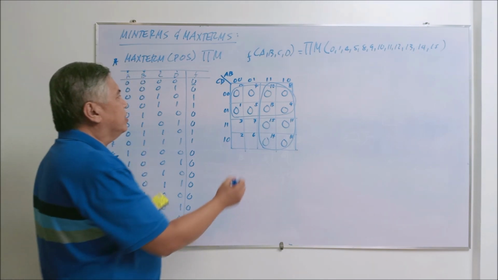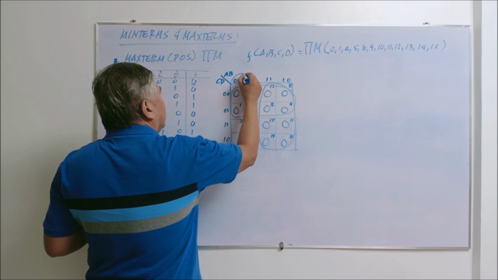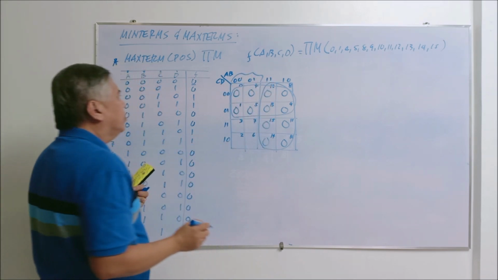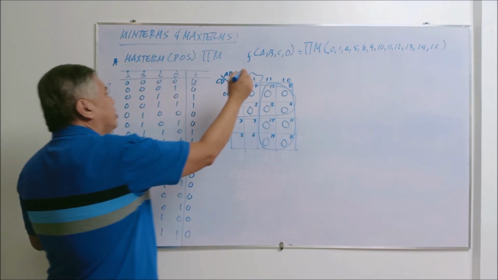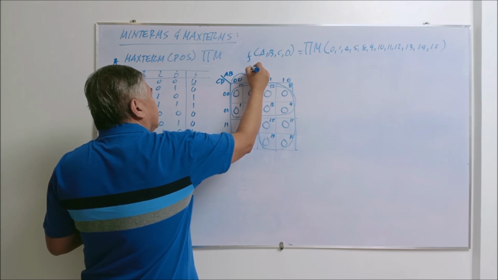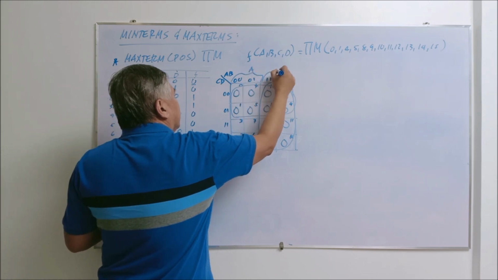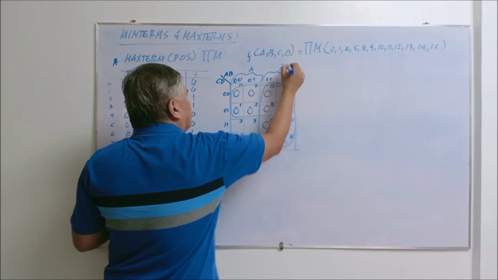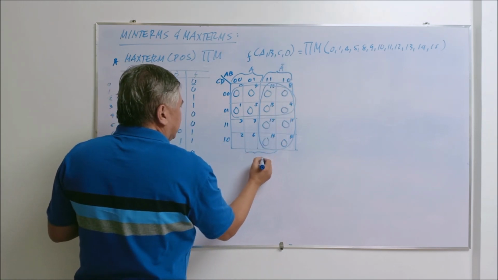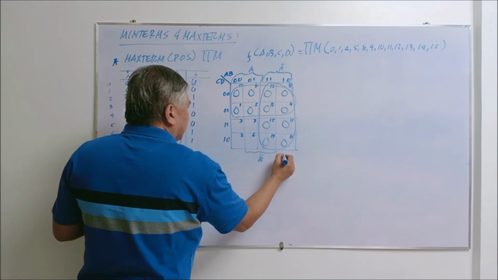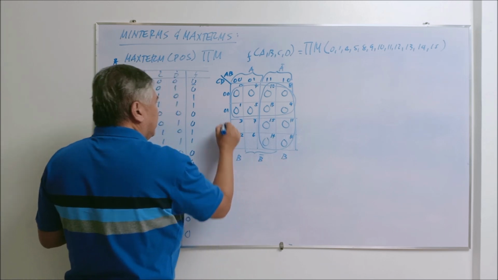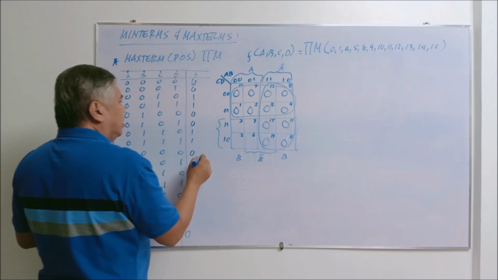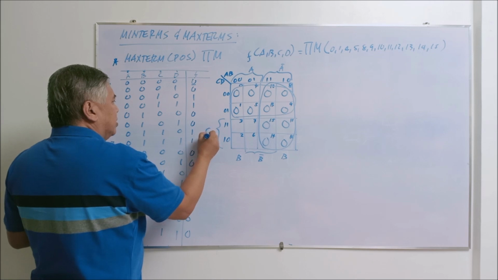Okay? So in this case, we know that this one here, in your product of sum expression, baliktad na siya. This is now your A. This part here is your A bar. Right? Then this is your B bar, B, B. And this one here is your C bar.